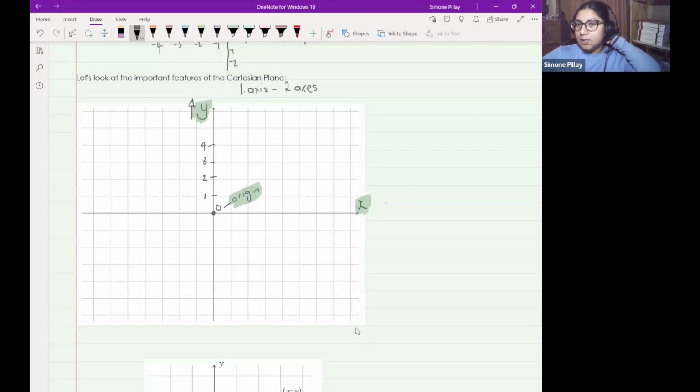Let me look at Alia's question quickly. Is the Cartesian plane the space along both the equator and the Greenwich meridian, or is it the two-dimensional coordinates of both? I don't really understand what your question is, but what I do want to say is that this is a mathematical concept. The Cartesian plane is not dealing with the Earth itself.